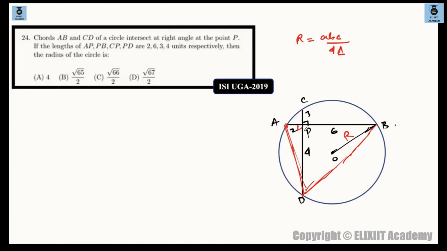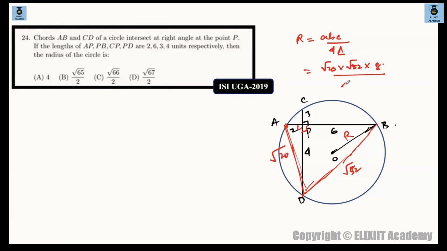This is 2, this is 4, so 4 plus 16, this is root over 20. And here, this is also a right angle triangle. Basically here we have 6 and 4, so 36 plus 16, this is root over 52. So you can find using abc by 4 delta: root 20 into root 52 into 8, divided by 4 delta.